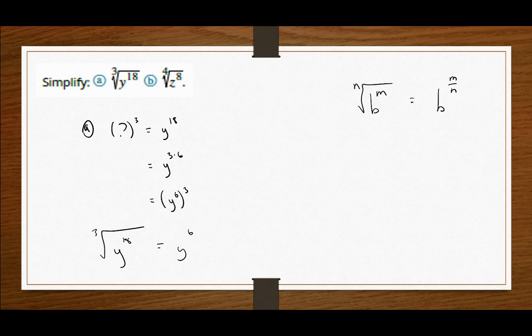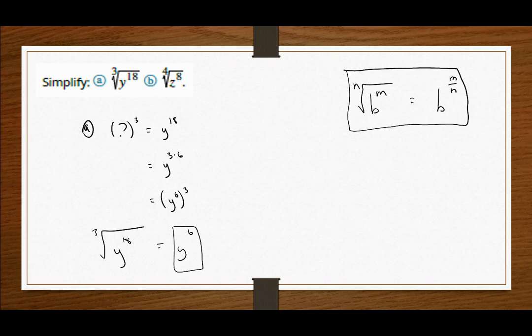The index of my root becomes the denominator. The value of my exponent becomes the numerator. Why this is handy is because instances where the exponent is divisible by the index will result immediately in the solution. So for instance, in part A, 18 is divisible by 3. We would be able to write it as 18 divided by 3, which gives me the solution, y to the 6th.